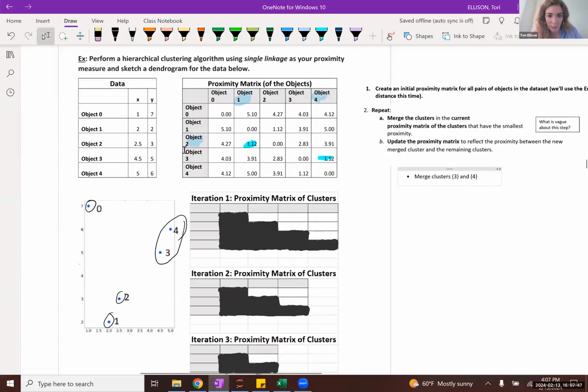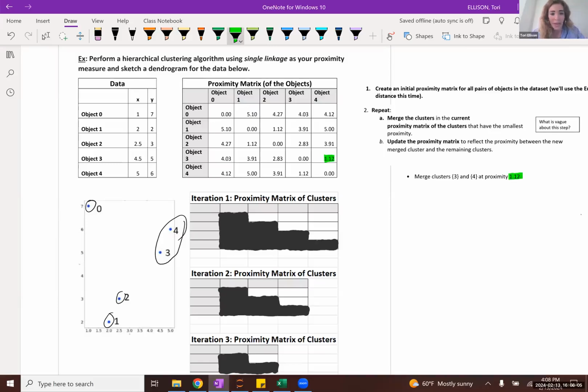So basically the distance between 3 and 4 is 1.12. So we say that we merge clusters 3 and 4 at proximity 1.12. Okay. So I'll keep that here.